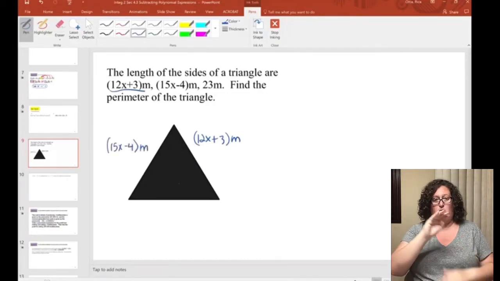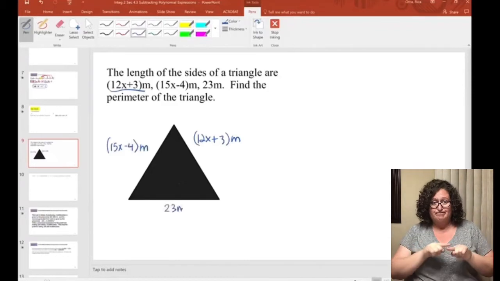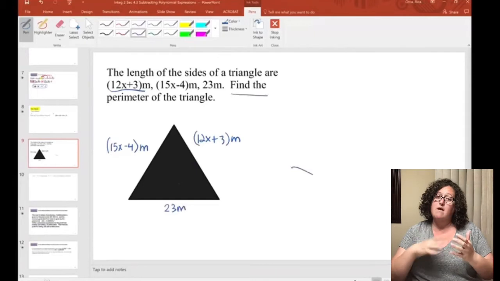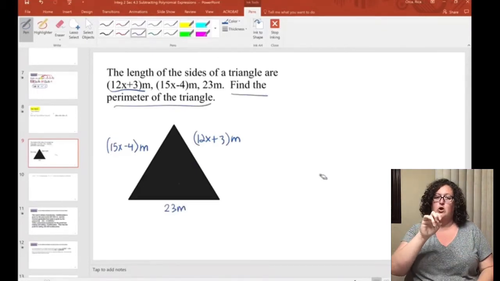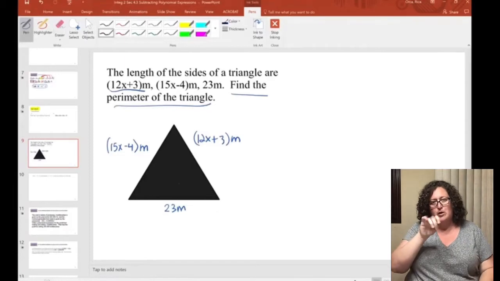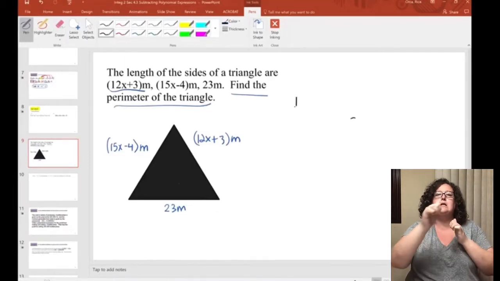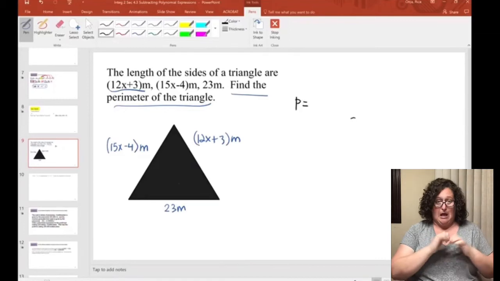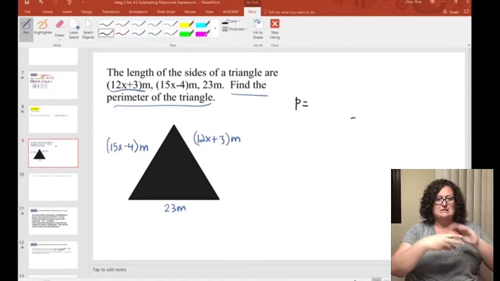And the length of the third side is 23 meters. In the problem, we want to find the perimeter of the triangle. The perimeter is simply the distance around the triangle. So to find the perimeter, just add up all the sides.